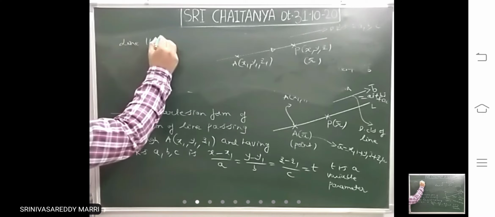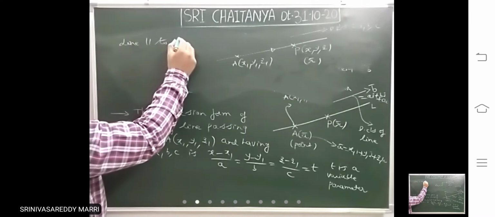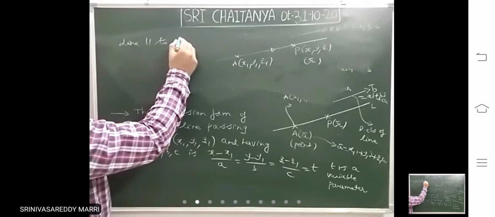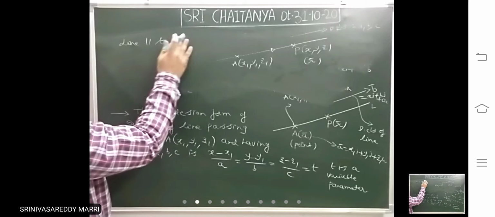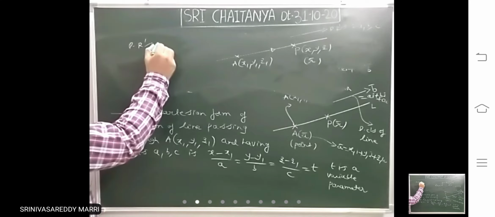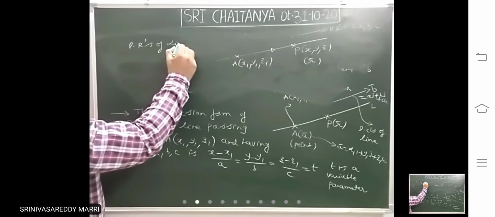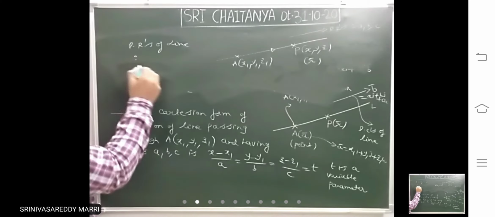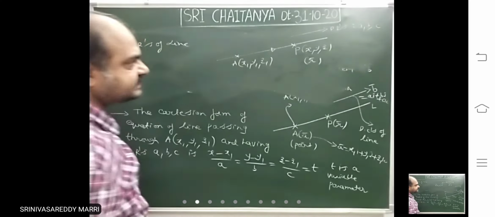Line parallel to vector. Look at the DRs of the line. DRs of the line are nothing but there are 2 points on it.